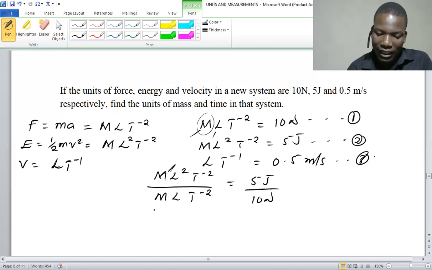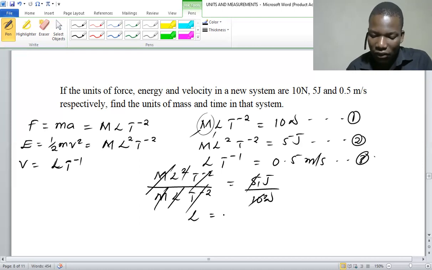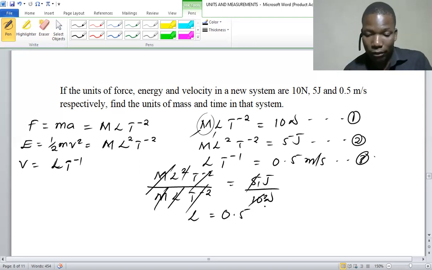So what we're going to have is the length, L, which is 5 divided by 10, we have 0.5 joules over Newton. Someone can be confused, say, oh, joules over Newton, but this is what it means.